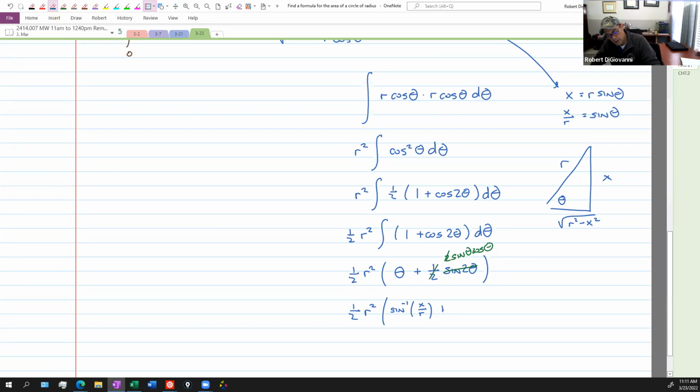So I'm going to have plus here, I need sine theta, which is x over r, times cosine theta, which is the adjacent over the hypotenuse. Okay, there it is. That's the antiderivative. Y'all good? Y'all with me?